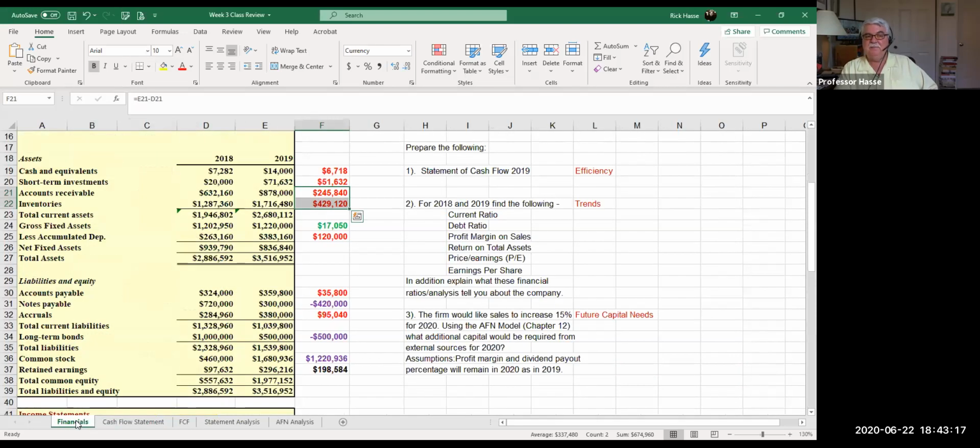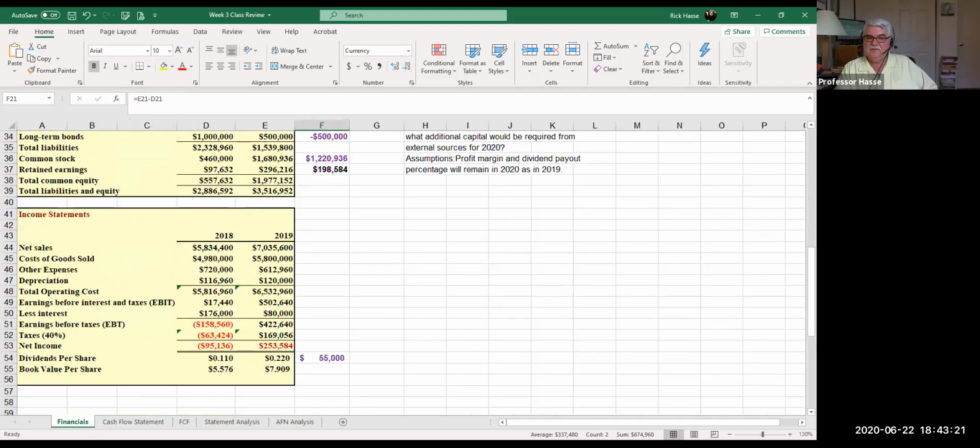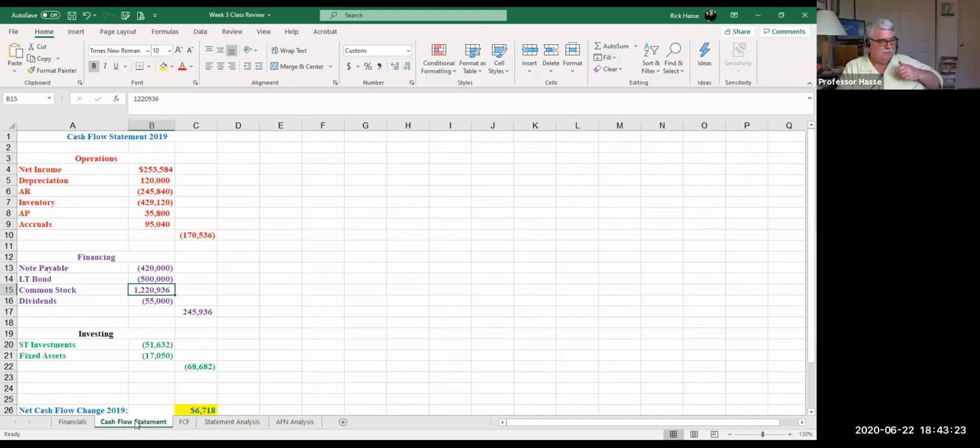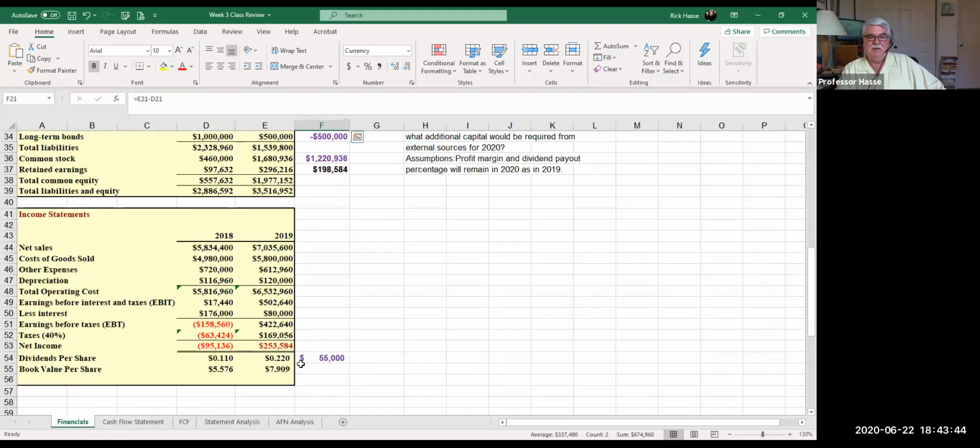So these three statements, the balance sheet, the income statement, and the cash flow statement, you guys have seen these many times before in accounting, in intro business finance classes, even in marketing classes. These statements tell the world how we're doing. It tells the managers of the business how we're doing. And yes, looking at it the first time, wow, we made a profit last year.